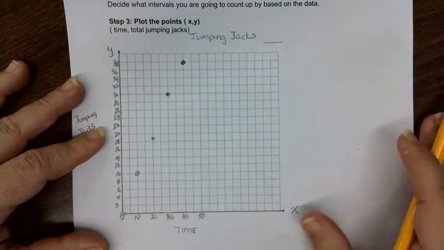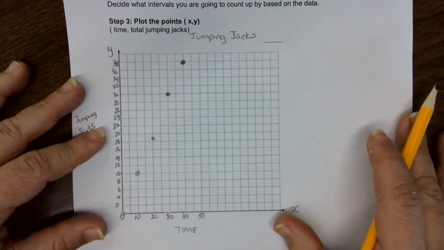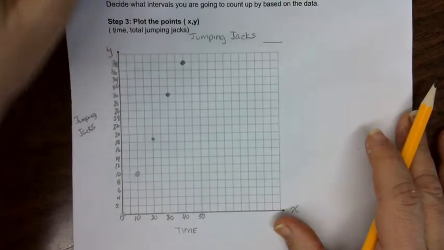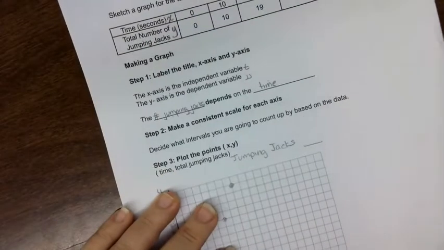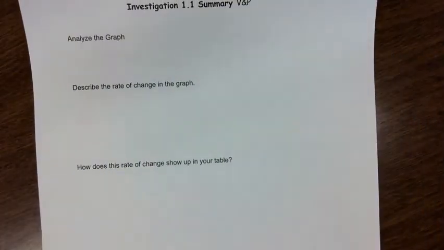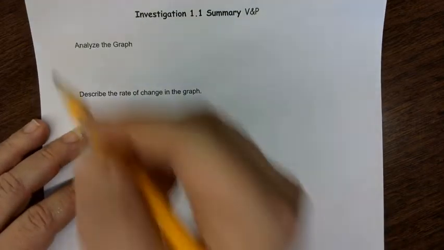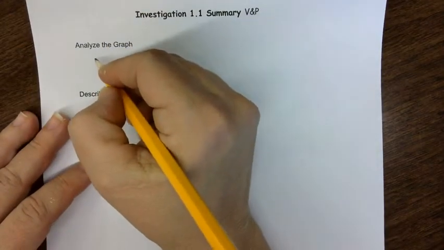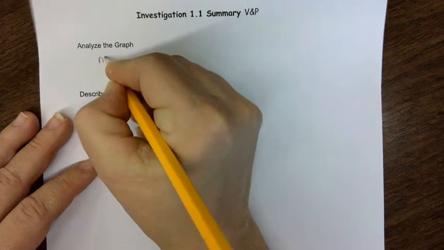As we head on to the next page to analyze the graph, just have this off to the side. The next page asks us to analyze the graph and then describe the rate of change. For analyzing the graph, I would say the numbers are going up.